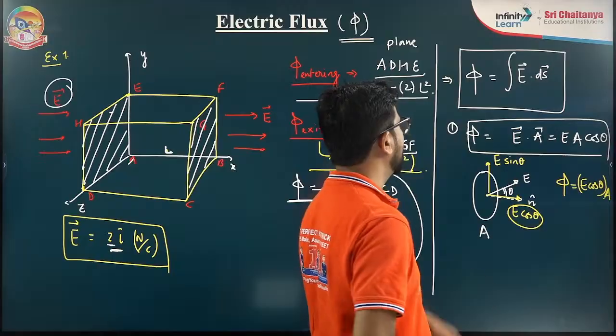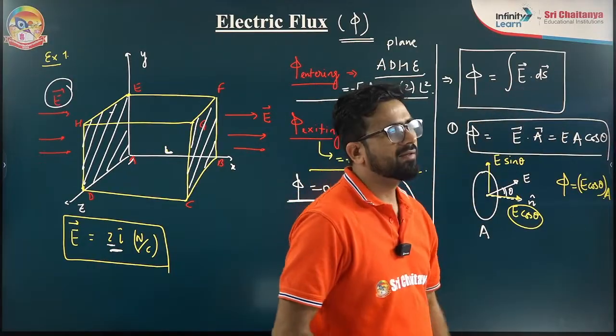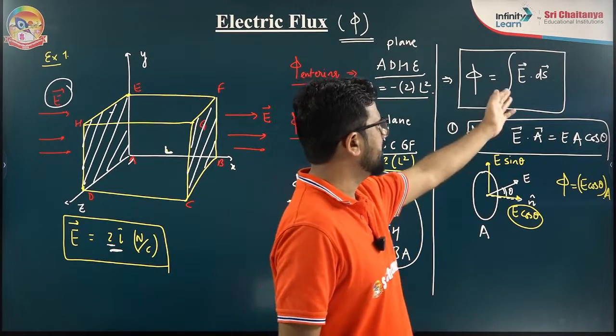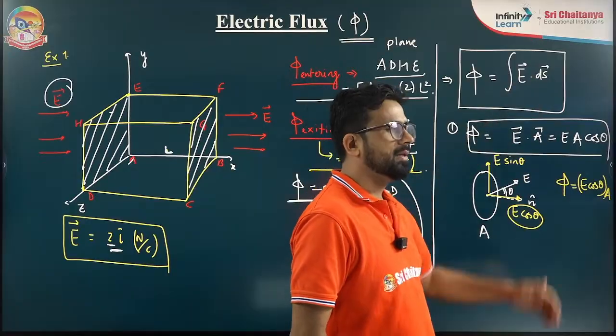So flux we have written as phi is equal to the integration of E dot ds. E is the electric field, ds is the area. Electric field we measure in Newton per Coulomb, and area is in meter square.